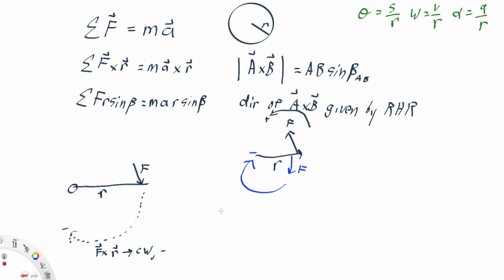So if F cross R points in the positive z direction, that's the same as a counterclockwise rotation. So that is a positive cross product.